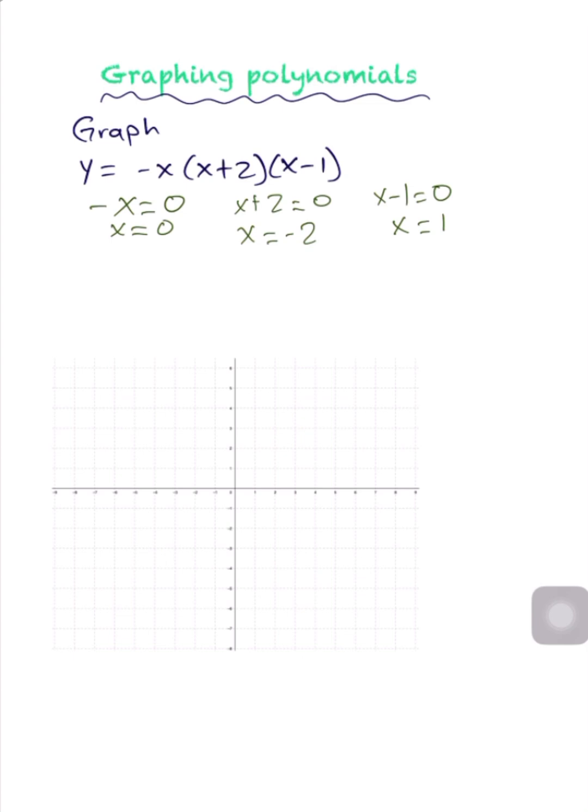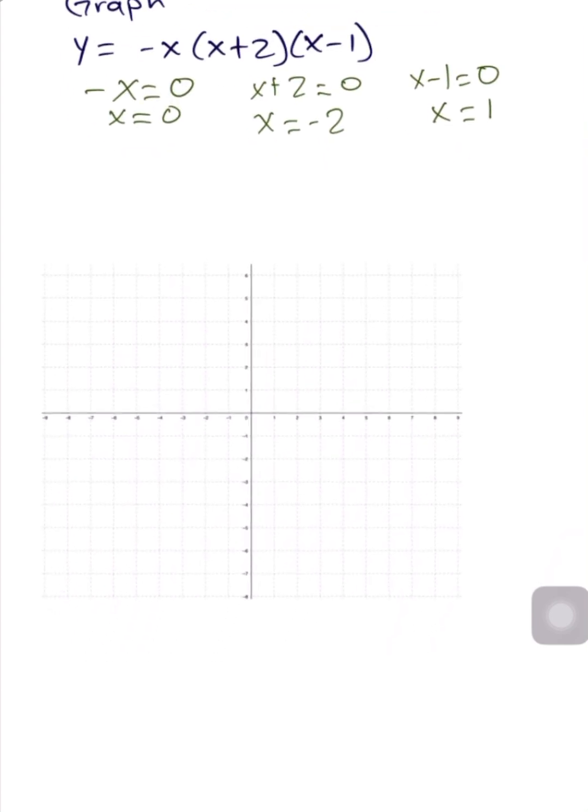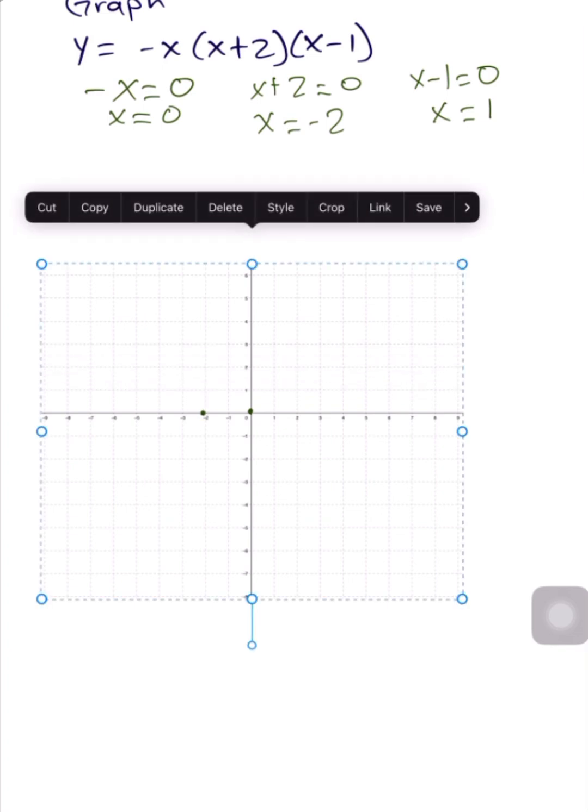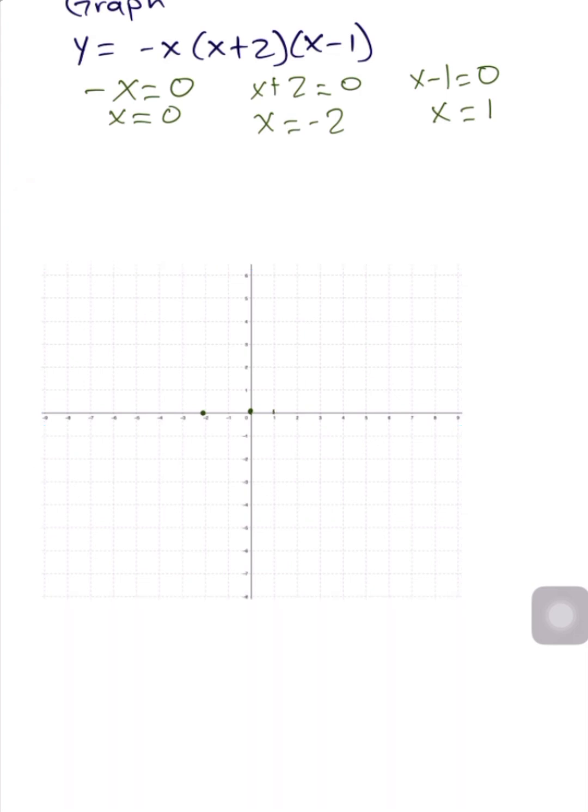Now, once you've found your x-intercepts, you can just graph them on your graph, right? So you can plot x equals 0, x equals negative 2, x equals 1, and then the only other thing you have to know is where to start on your graph.